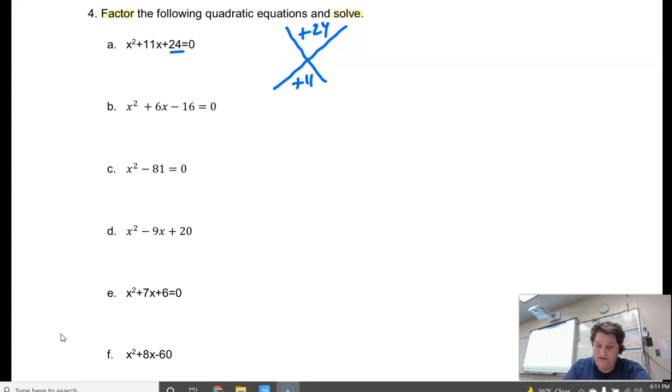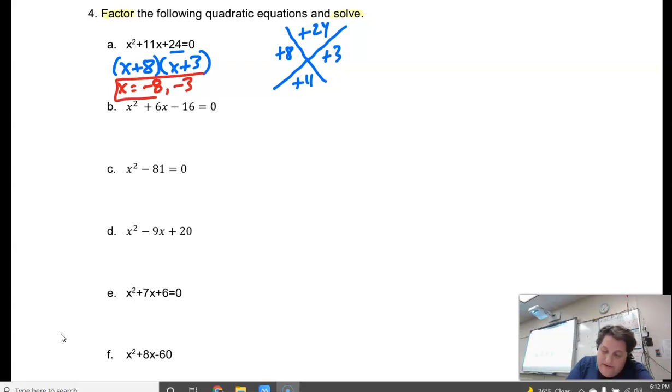In this one, it's going to be +8 and +3. If the directions say factor on the test, that's your answer. If it says solve, we need to go one more step and make these -8 and -3 because that's actually my solutions. Does that make sense?